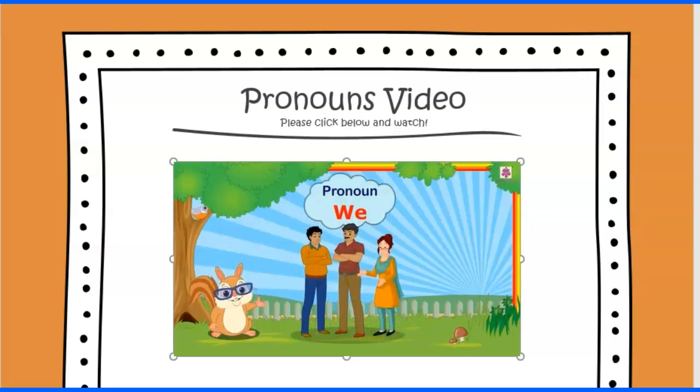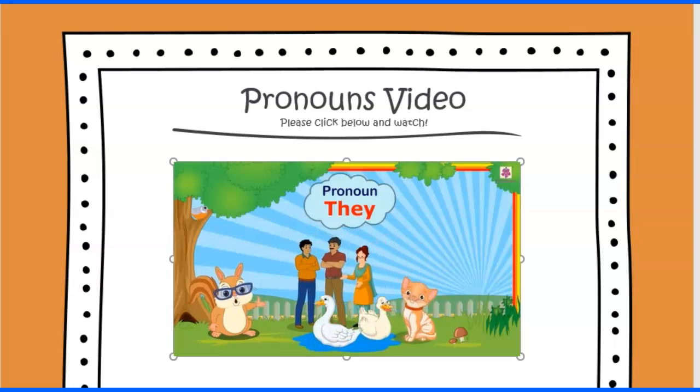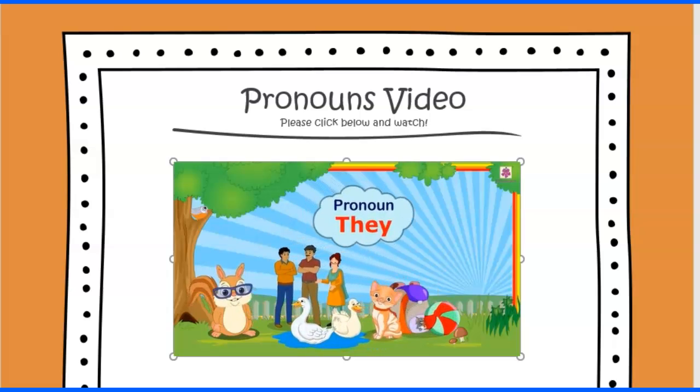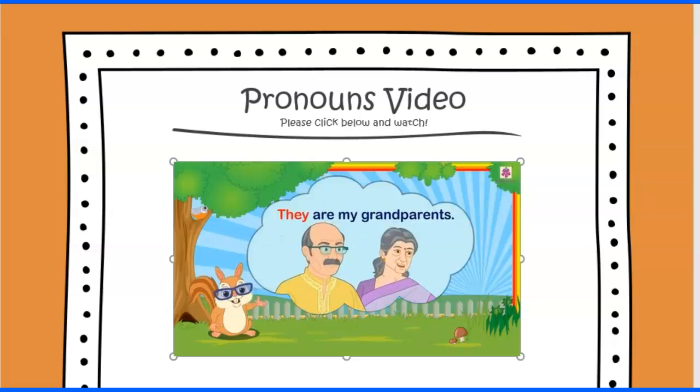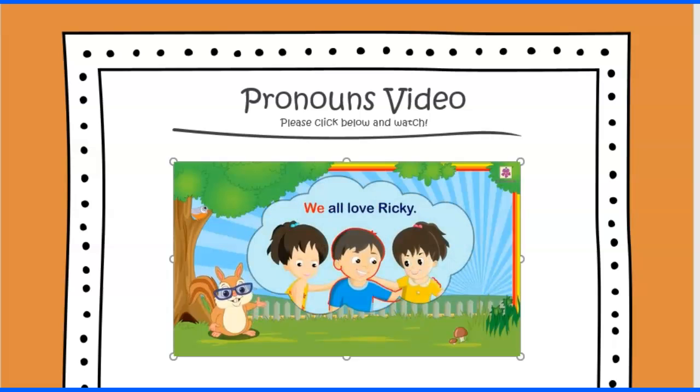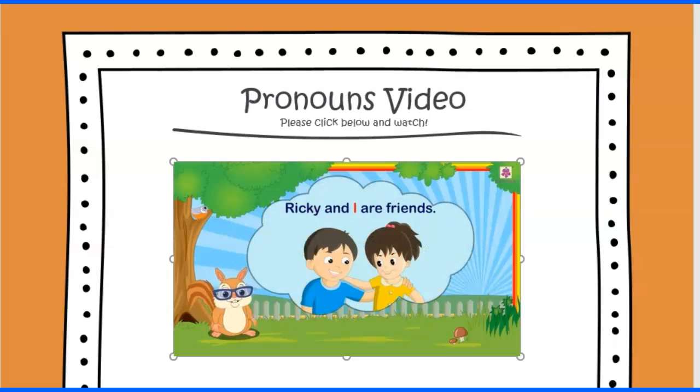We is used for more than one person. They is used for more than one person, animal, or thing. For example, they are my grandparents. My grandparents are old. We all love Ricky. Ricky and I are friends.